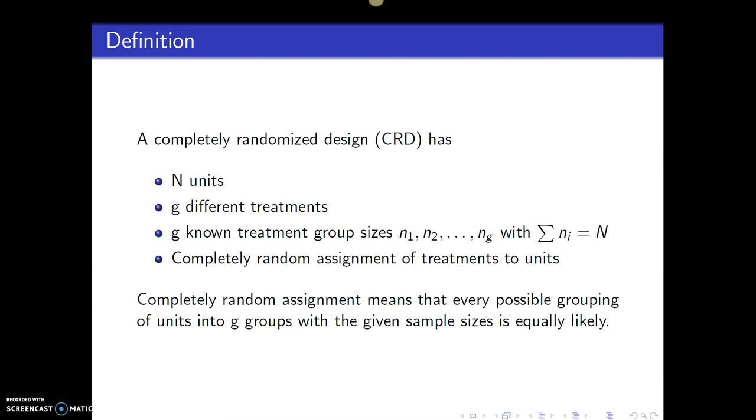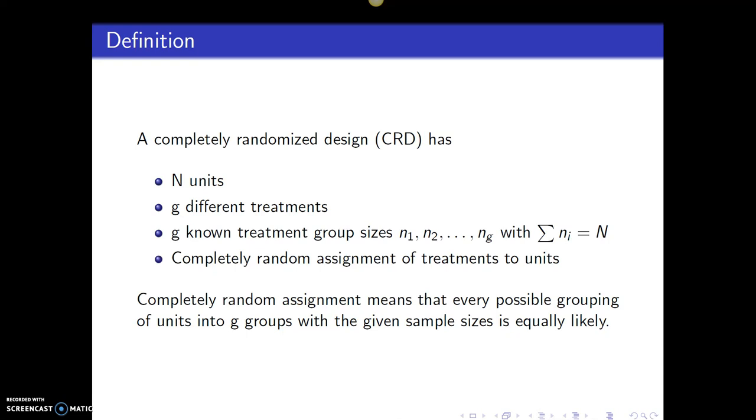This complete random assignment means that every possible grouping of units into G groups is equally likely. So we're not using any control over the assignment of treatment groups to the observations. We are doing something that is completely random and every possible configuration is equally likely.